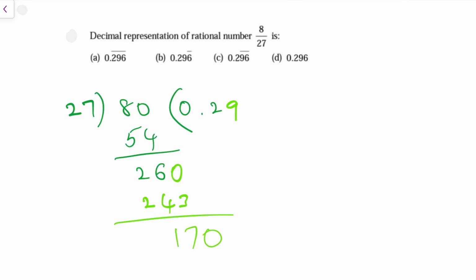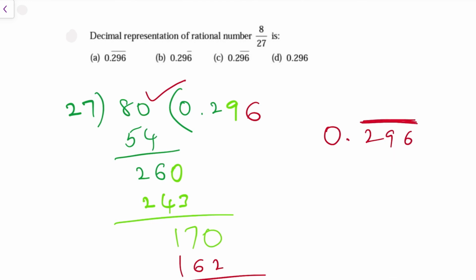Then near to 170, 27 6s are 162. 170 minus 162 is 8. 8 is nothing but our starting number. So I can say that 0.296, these 3 digits 296, will repeat continuously. So 0.296 whole bar, option A is the correct option.